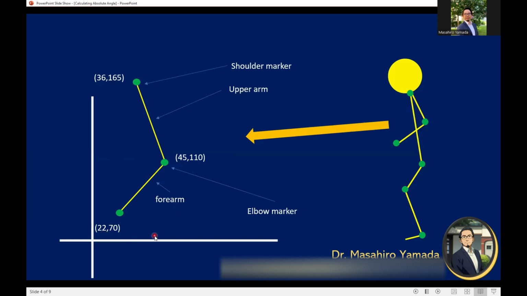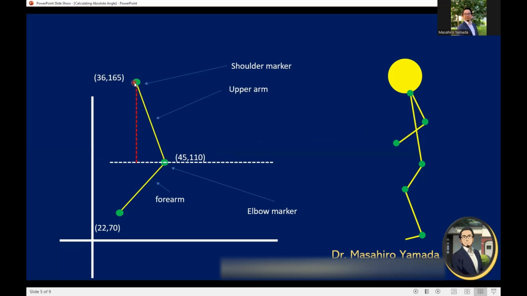Imagine you want to obtain the absolute angle of your arm, the elbow. In this case, you can draw a horizontal fixed line, and what you want to obtain is the angle over here. If you draw an additional vertical line, depicted in the red dotted line, you can create a right triangle.